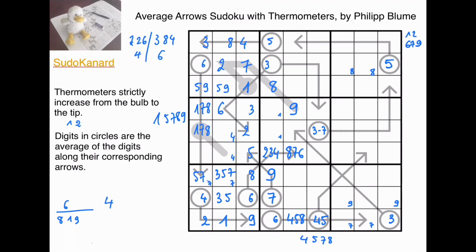Well, 7 or 8 here would make this a 9, and this a 4. Not sure what to make of it. But now that this is a 3, I think this can no longer be a 9.